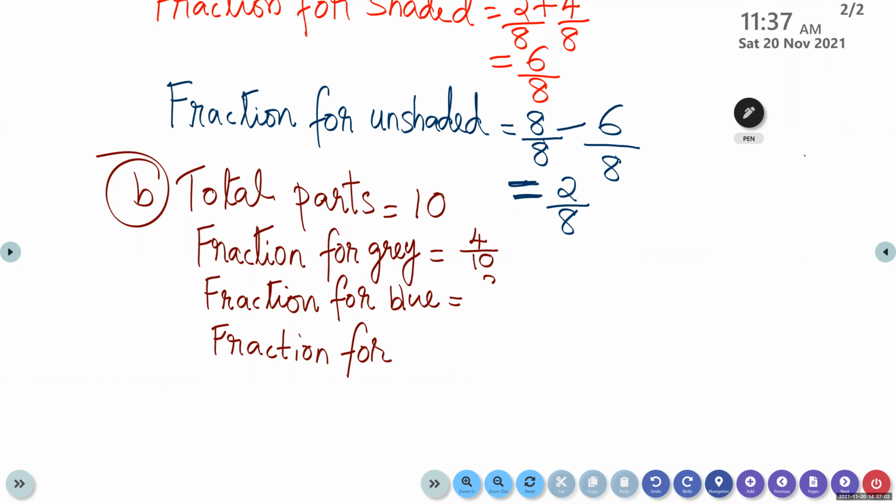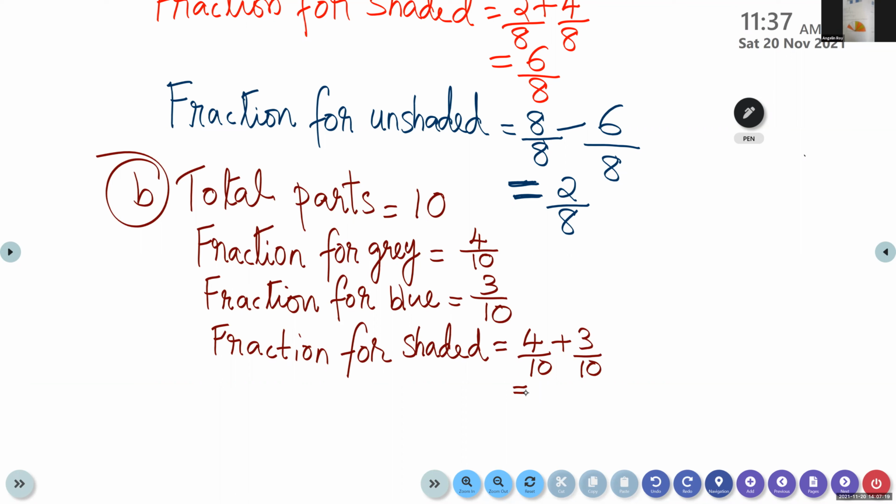Next, we are going to use addition for the fraction for shaded parts. Fraction for shaded means we have to do 4 by 10 plus 3 by 10. Find out the answer. Ma'am, I have only a bit of space.